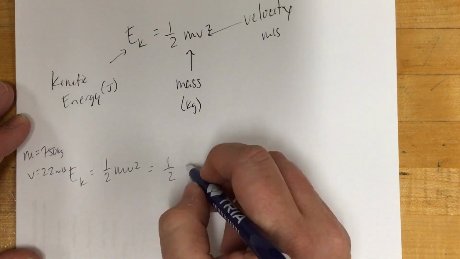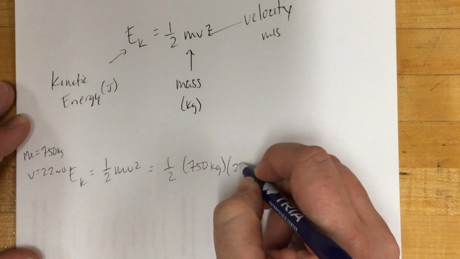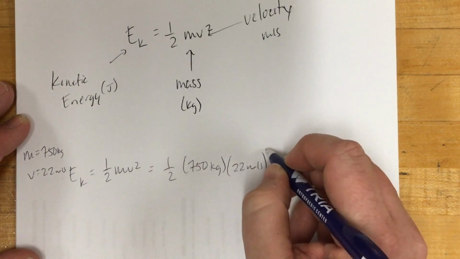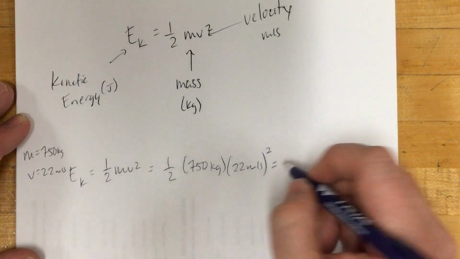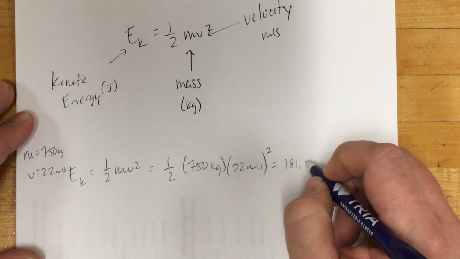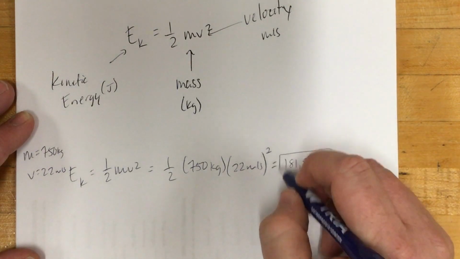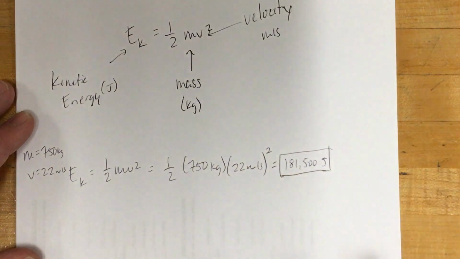So you take 1/2 times 750 kilograms times 22 meters per second, and you square that whole value. When you calculate that out, you end up with 181,500 joules. So it's a pretty big number when you're talking about the kinetic energy that's going on here.